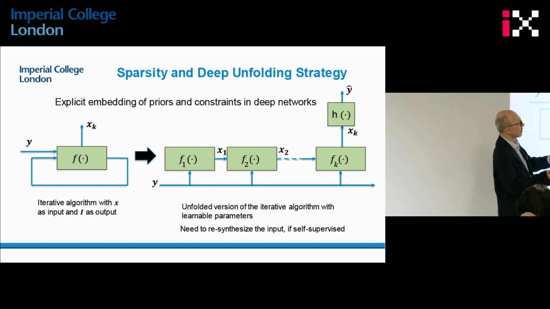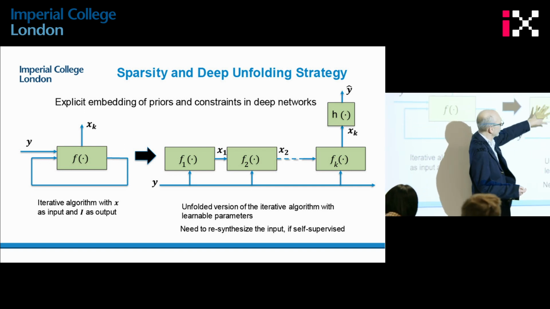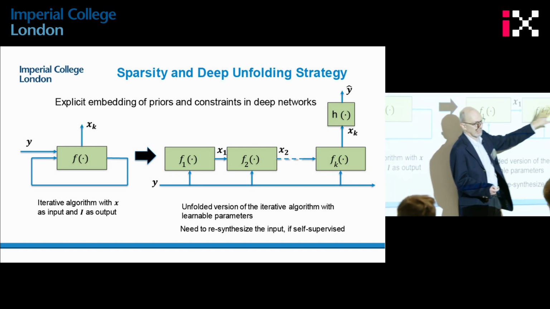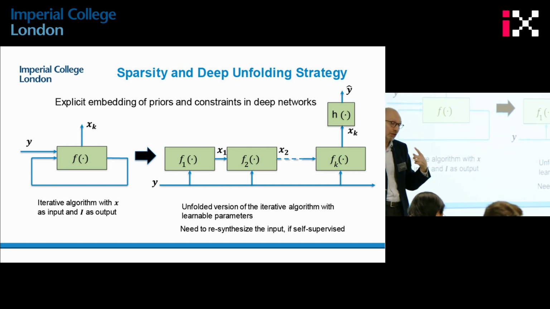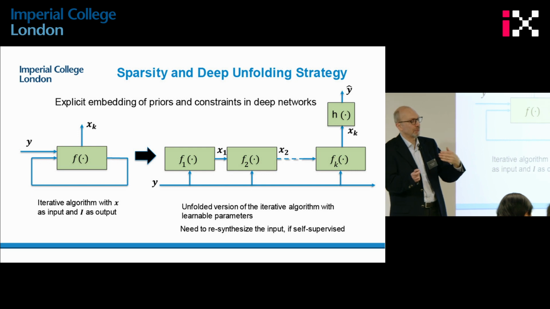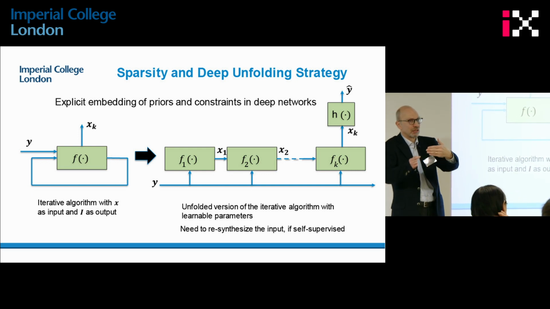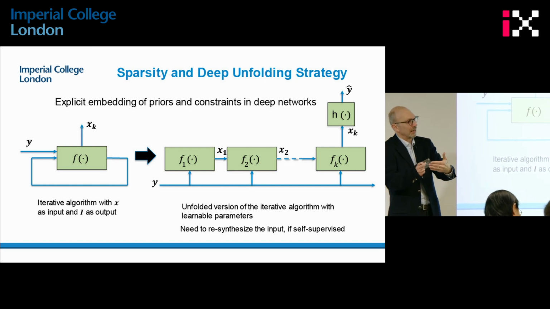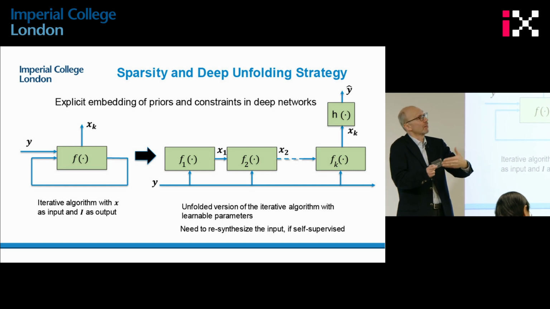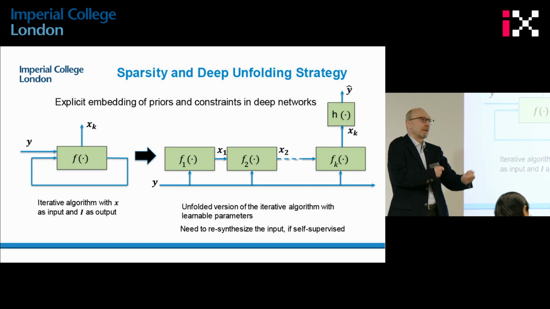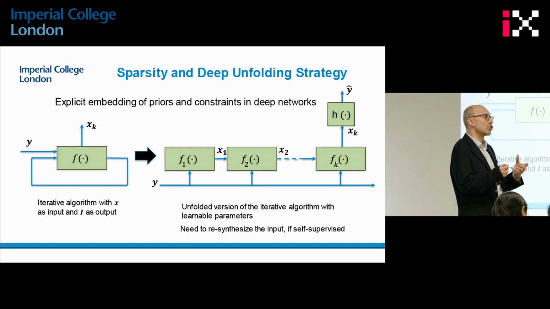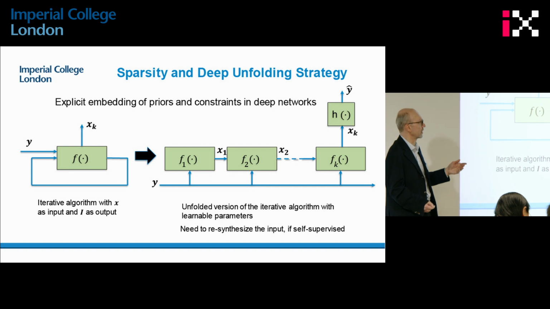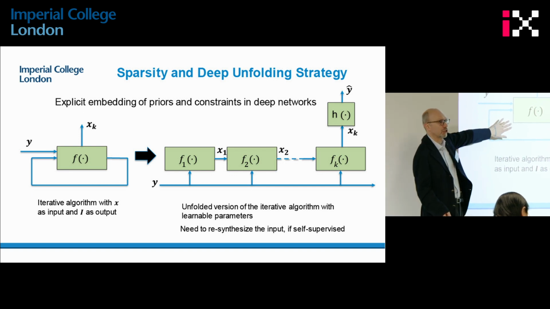Here you are making it a little bit richer because you can tune the parameters so that at each stage you do something slightly different, which also makes sense to some extent, because at the beginning you're trying to get this sparse vector, starting without knowing anything. After a while, you have something which is close to sparse, and so maybe you want to adjust the parameters. So that's one argument used to justify the fact that we often see these approaches work better compared to just applying the traditional method.